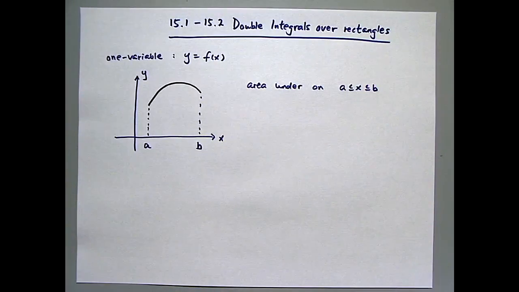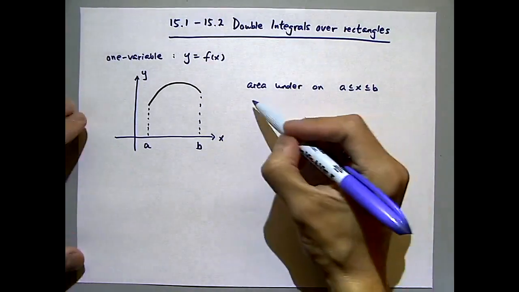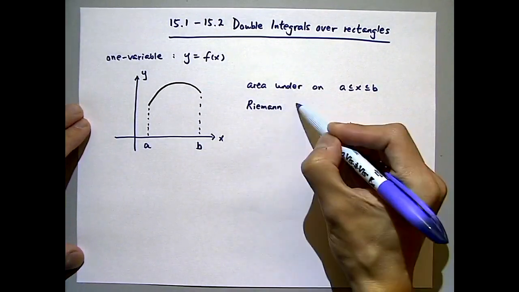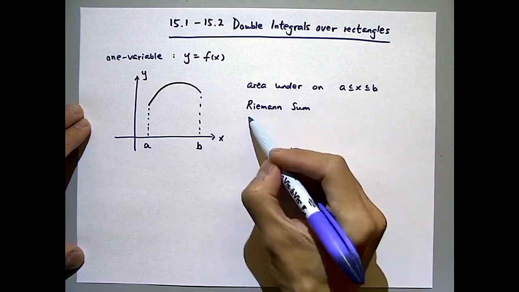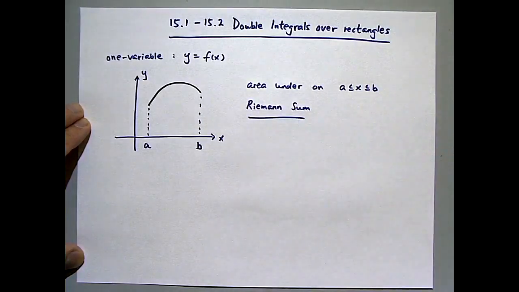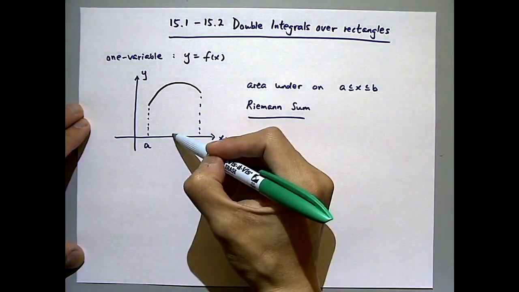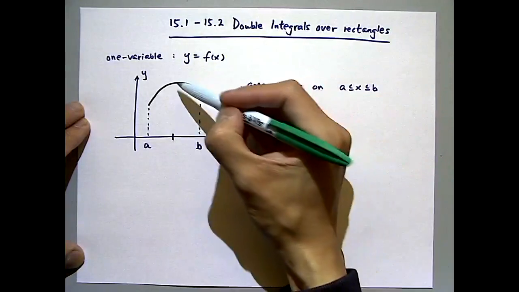You might remember that we started by using what's called the Riemann sum. All we did was divide this region into a bunch of rectangles. Here I'm going to use 3 rectangles just for illustration purposes.